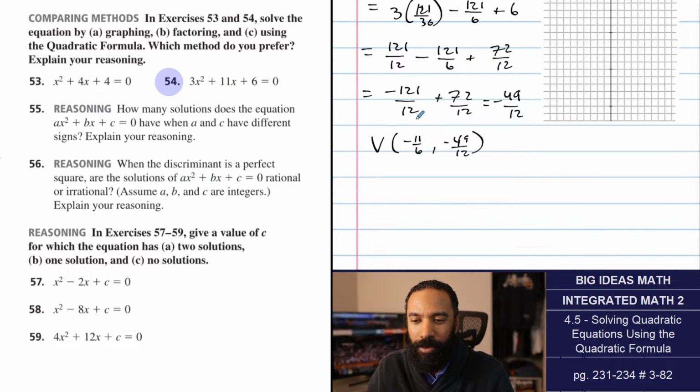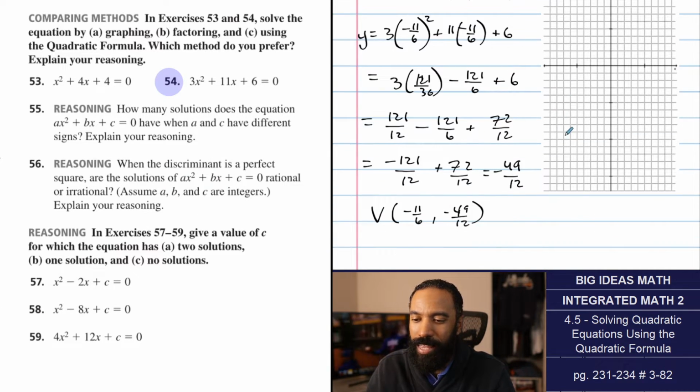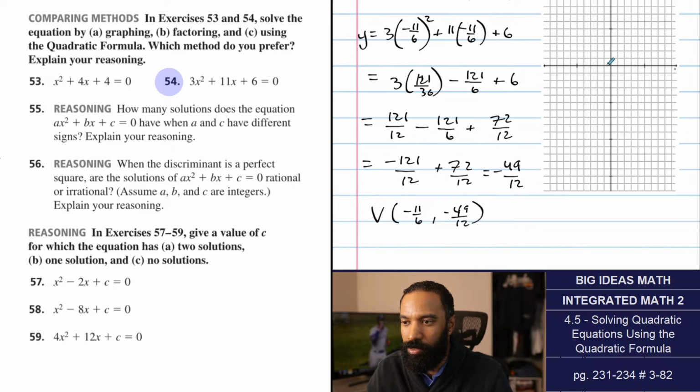That's just less than negative 2, just to the right of negative 2 and just below negative 4, so kind of like that. It's so close that I might as well just put it right on it. This is over 1 up 3. I don't even know if this is factorable.